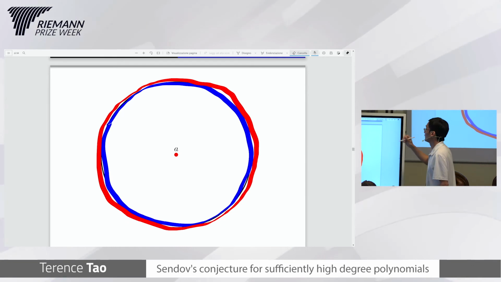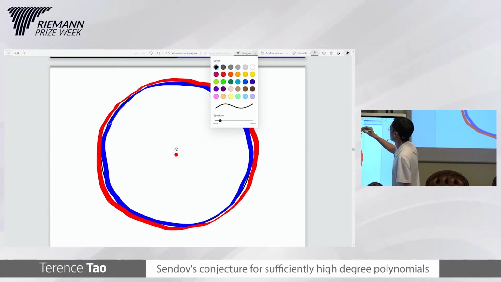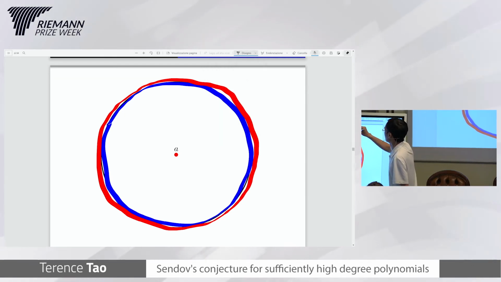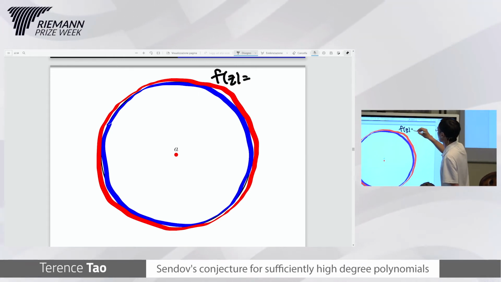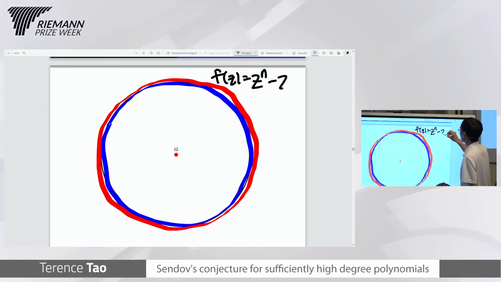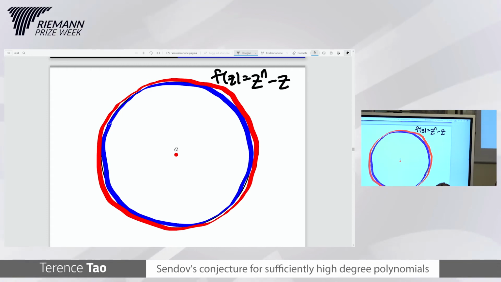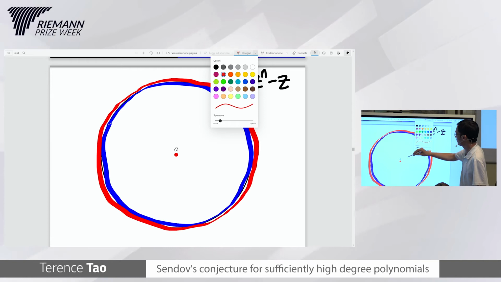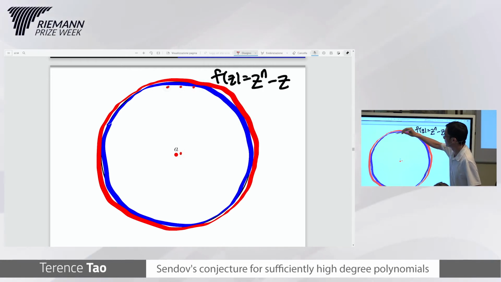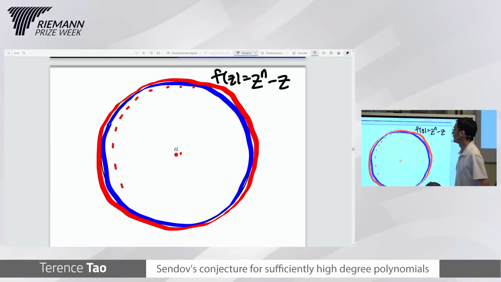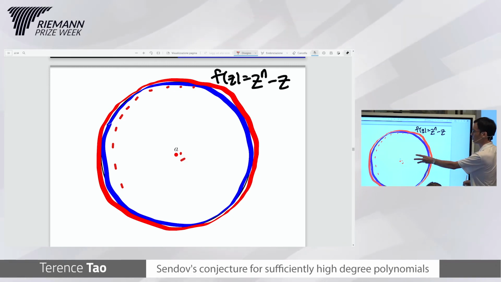Right, so if instead you have z minus a, then you have one zero here and lots of zeros on the unit circle, but in the limit, this zero goes away because it only has density 1 over n.